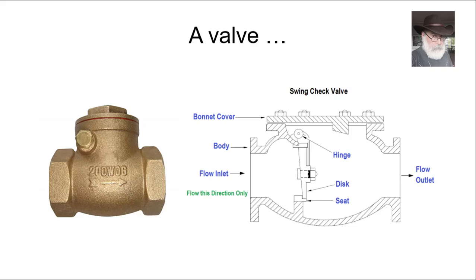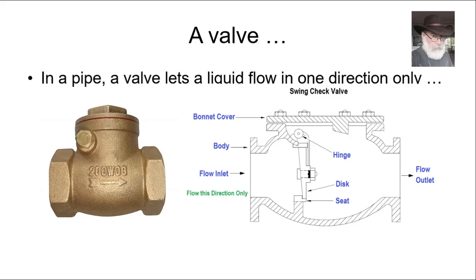Engineers have been observing the performance of valves in hydraulic circuits for many years and desiring to have such a device in electric circuits. A valve in a hydraulic circuit is a device that prevents liquid from backflowing.